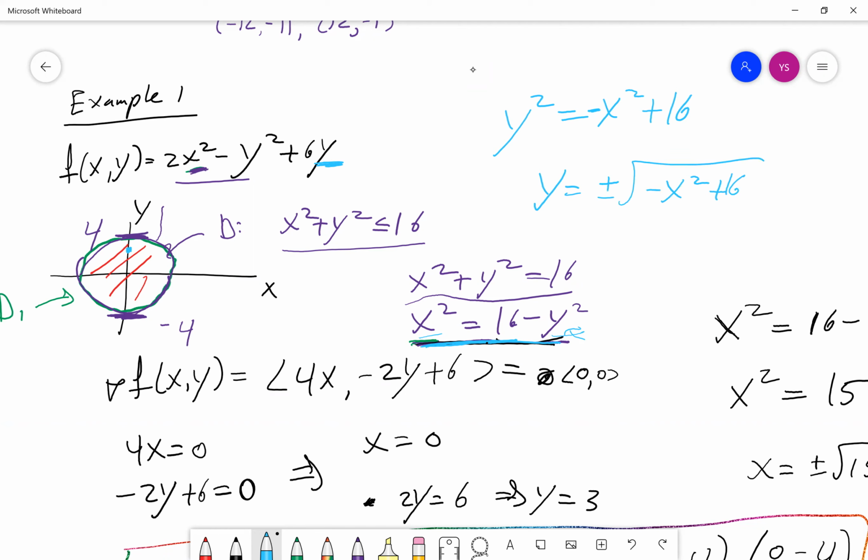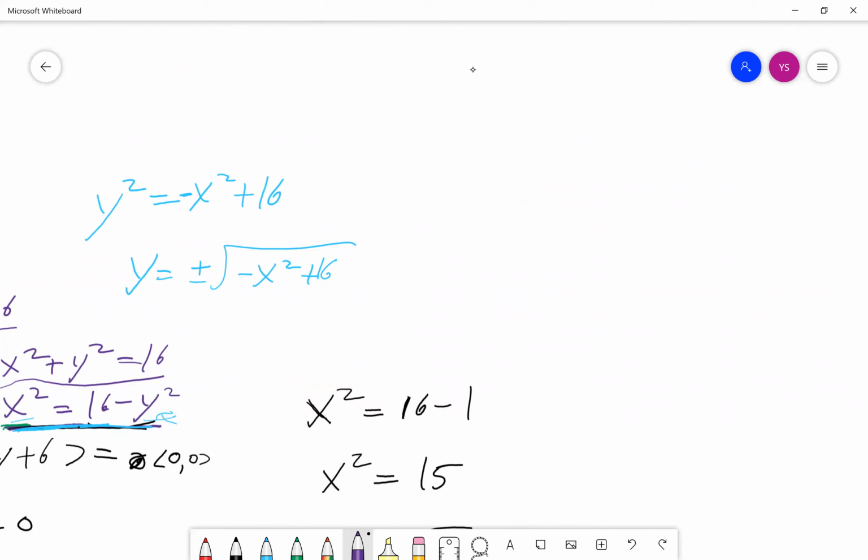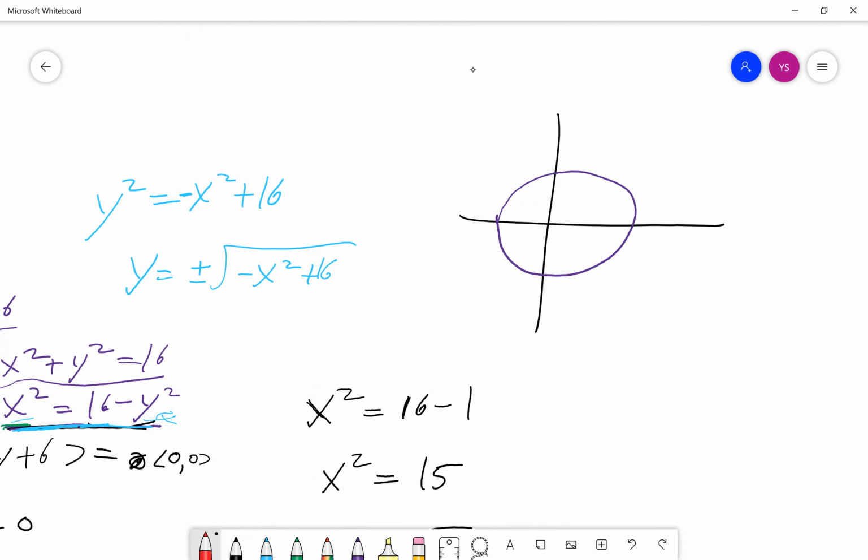You can break up your domain in the bottom part and the top part, and then you need to, so let's say this part is the top part. Let me redraw the domain. So you can solve it this way, but it's a little bit more tricky. So here was our original domain. These equations break it up into the top part with the plus.